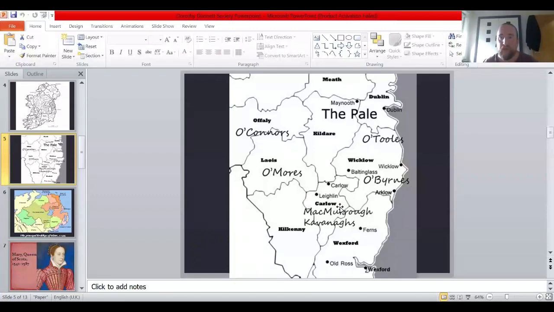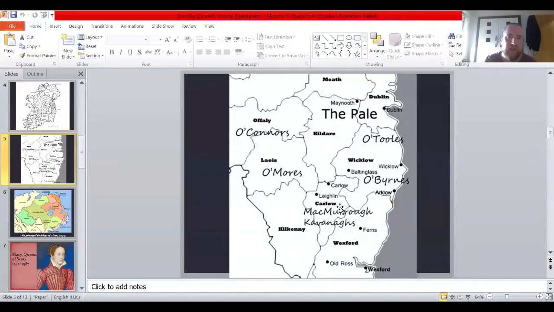So there is an awareness of the fact that above and beyond these officials wanting to secure lands in South Leinster, Ireland is a genuine security threat. The Spanish, or at a later point, the French, could use it as a place that they would invade, set up as a kind of landing base, and then use to attack England at a later stage. So they begin exploiting this idea of Ireland as a security threat again during the rough wooing, or the war with the French and the Scots in the 1540s.